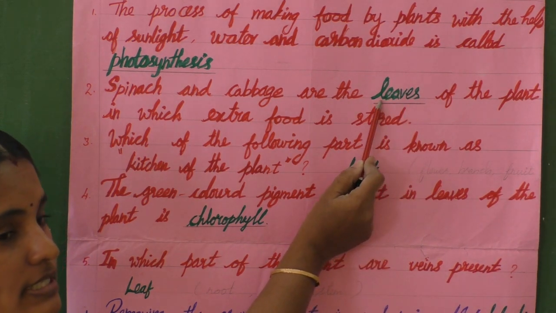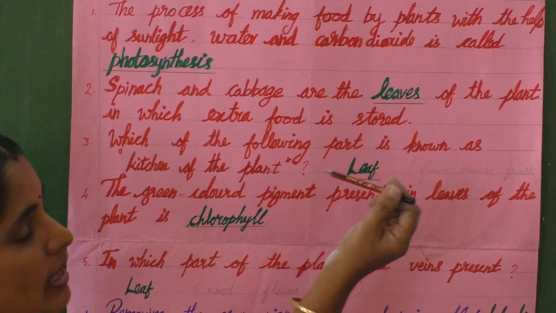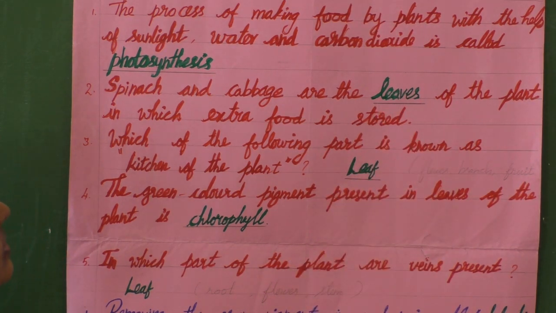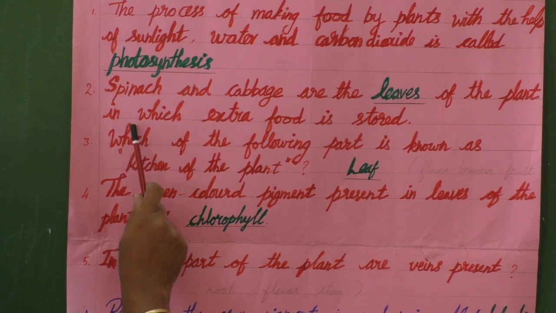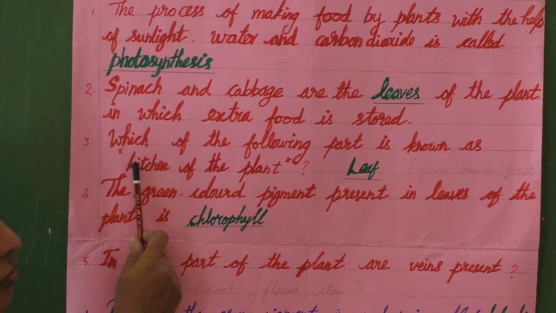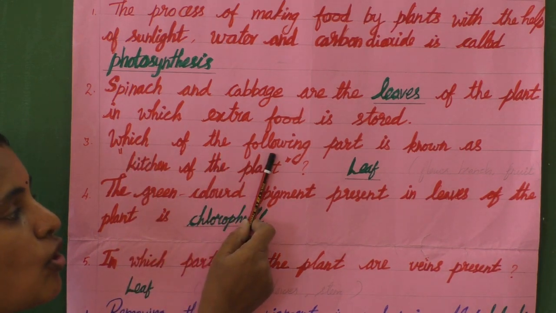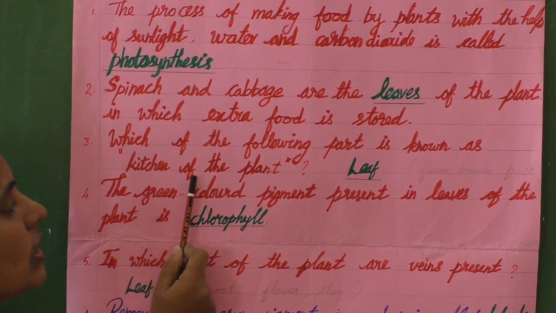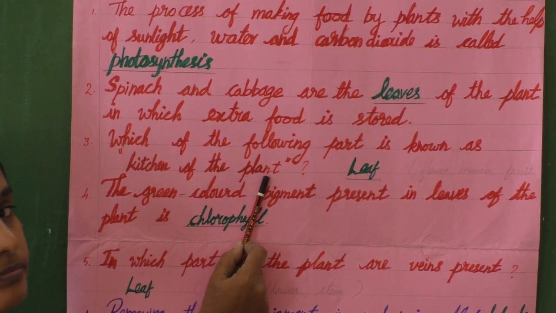Okay, what is the answer? Leaves. You mark the answer leaves, L-E-A-V-E-S. So there the extra food of the plant is stored in the leaf part, in plants like spinach and cabbages.